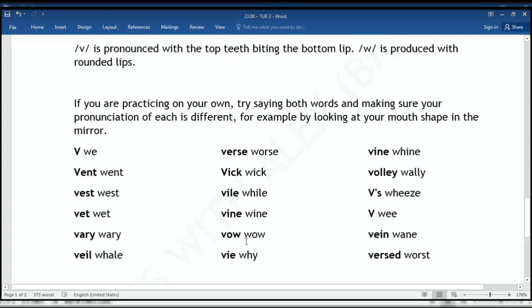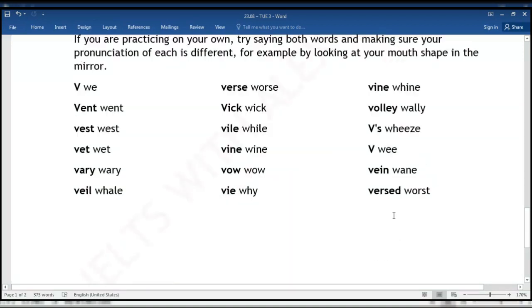Let's say that one again. Vow, wow, vie, why, vine, wine, volley, wally, veez, wheeze, V, we, vain, wane, versed, worst.